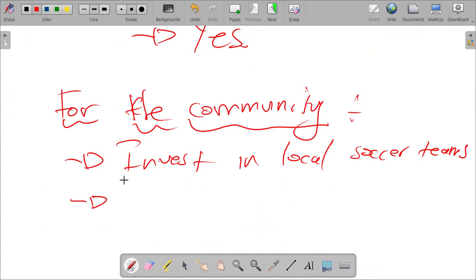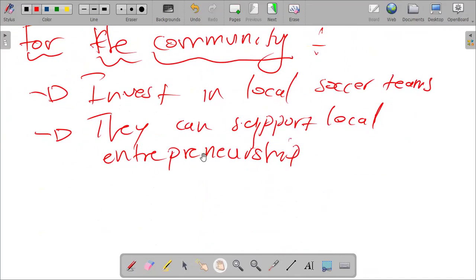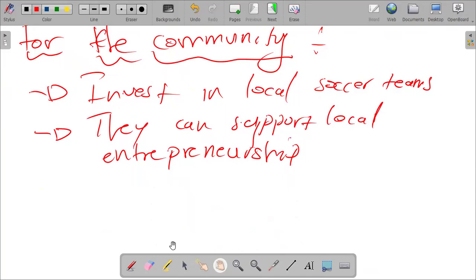Number two, they can support local entrepreneurship. They support local entrepreneurship. Now, this is where they invest money in small businesses within the community or the environment. All right.